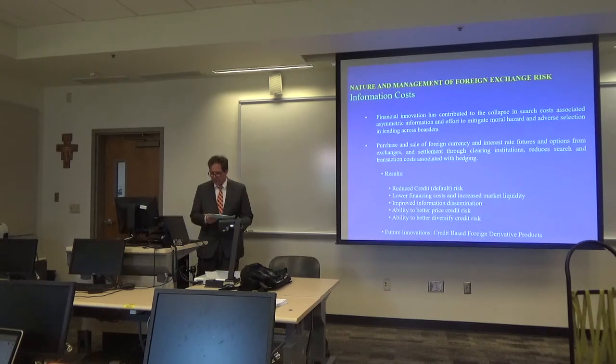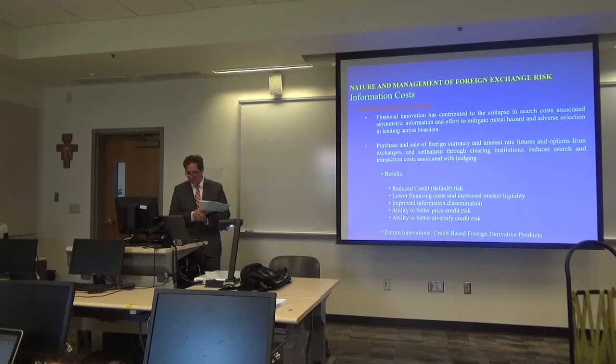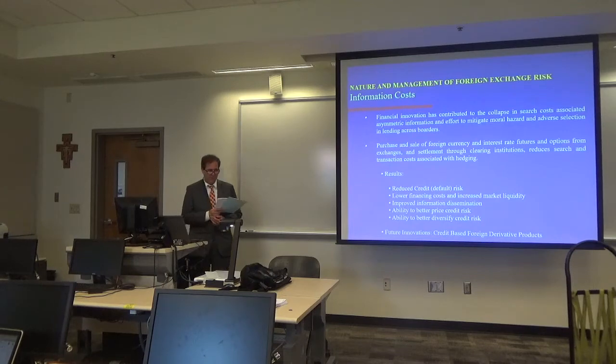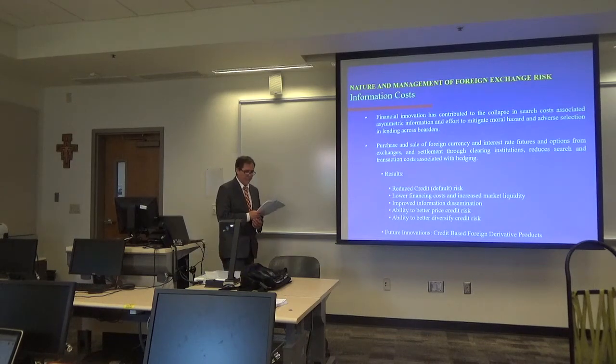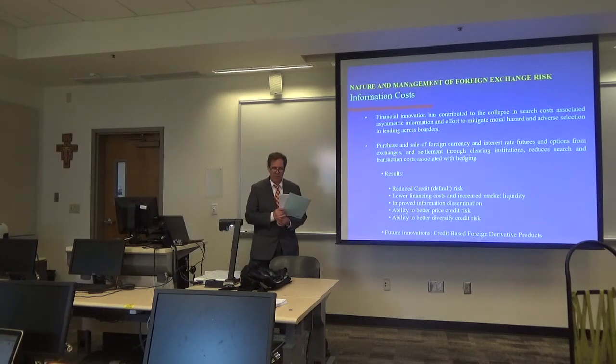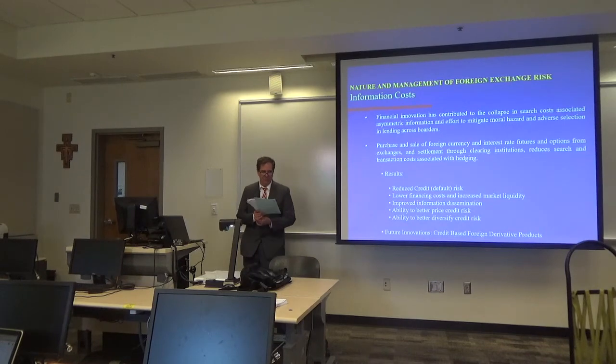The next is information costs. Financial innovation has contributed to the collapse in search costs associated with asymmetric information and efforts to mitigate moral hazard and adverse selection in lending across borders. If you want to read more about these information costs, asymmetric information, and moral hazard, you may want to write this down, I would read Ronald Coase, C-O-A-S.